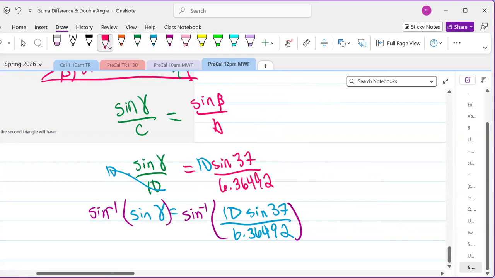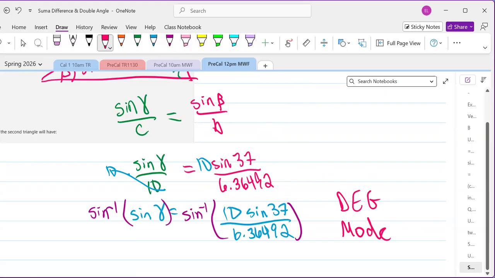Now I'm going to put a warning note on the side here. We need our calculator back in degrees because 37 is degrees. So if we run this in radians mode, it's going to produce the wrong number. The number might look reasonable, but it will be the wrong number.